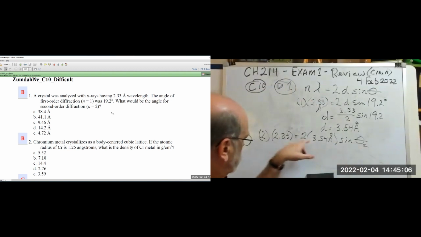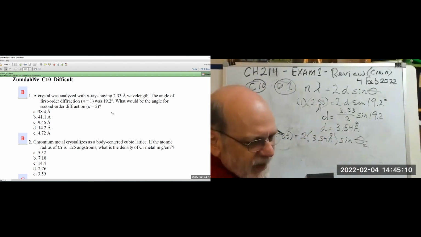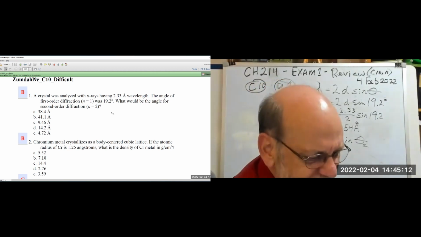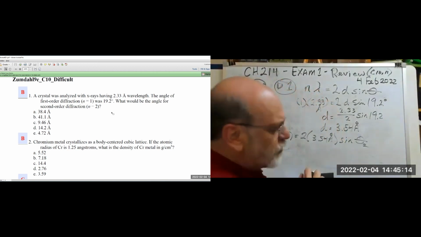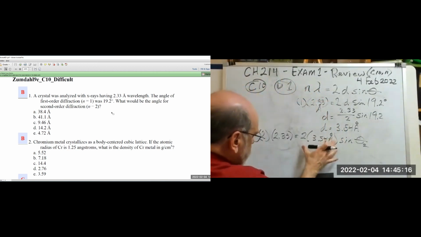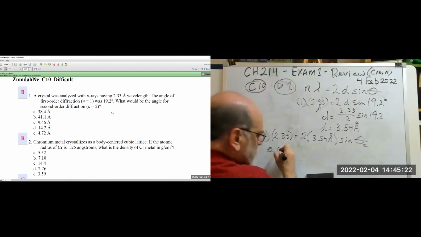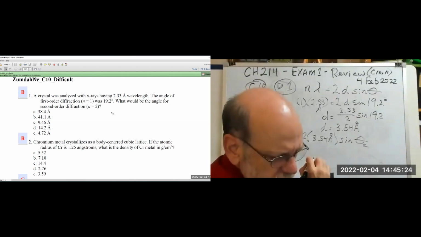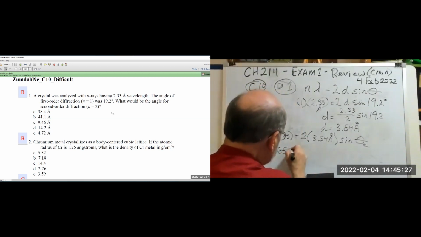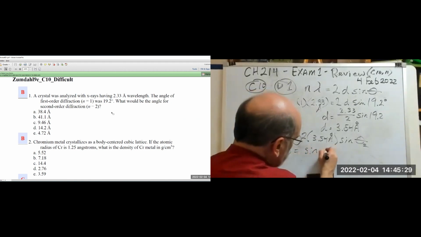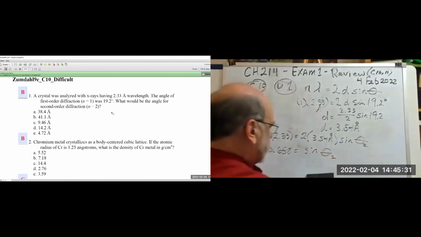Then we just put everything on this side. If I take this number and divide it into that one, 0.658 equals the sine of theta.